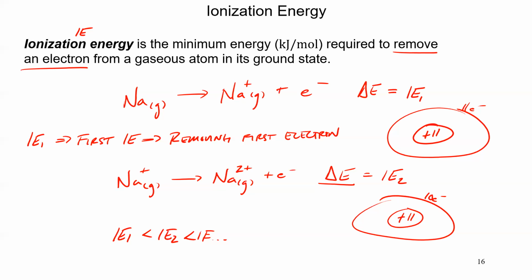And so it happens that the jump from the first ionization energy to the second ionization energy for sodium in particular is enormous. It's a very big gap between those two.